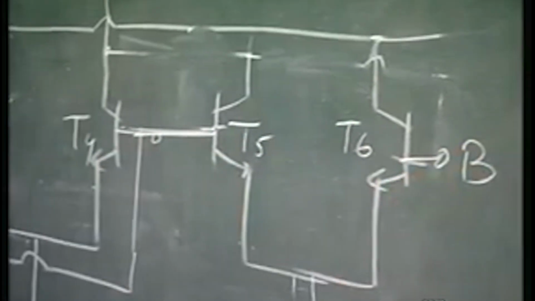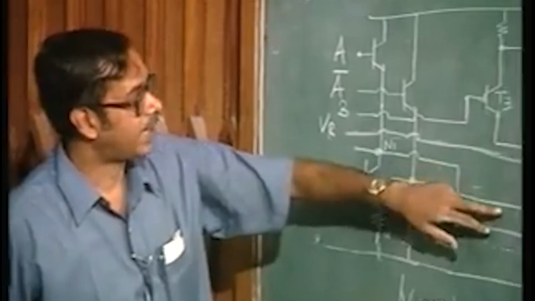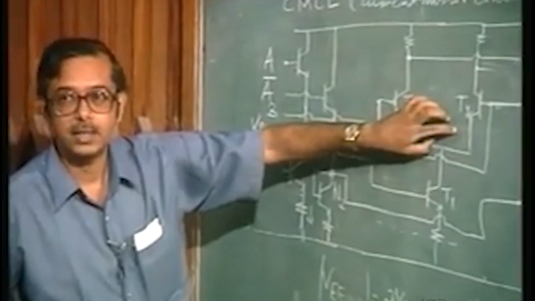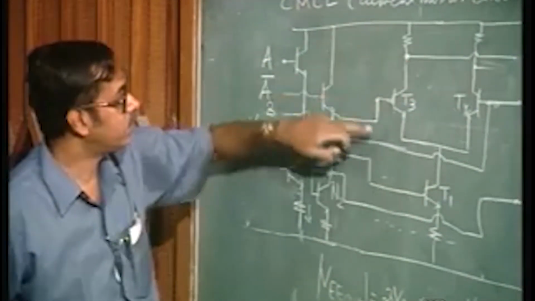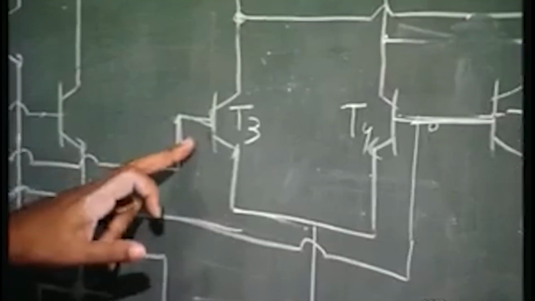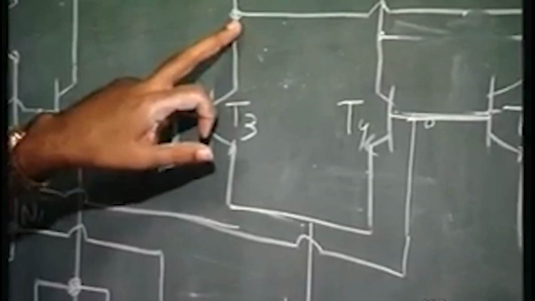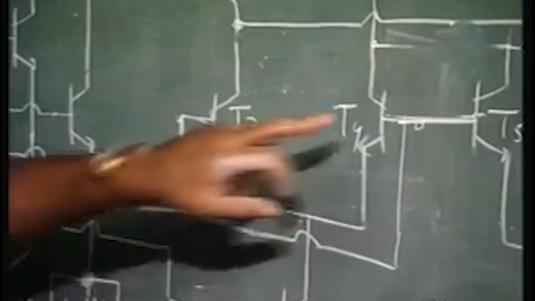So, if A is high, that is, in this circuit, this output is equal to B bar. You have B here, and this is the reference voltage.